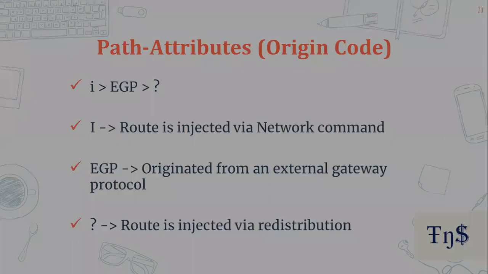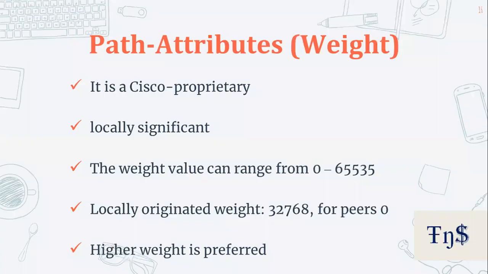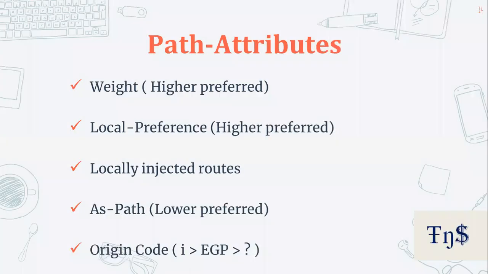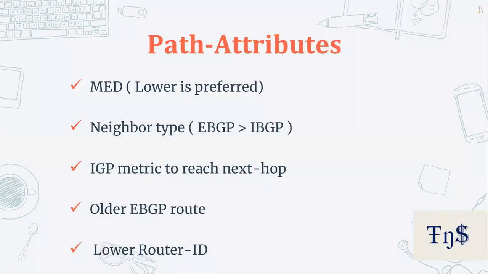Let's check what the criteria were once again. Origin code we already saw, MED, neighbor type we have already seen, up till older EBGP routes, right? The others are self-explanatory.